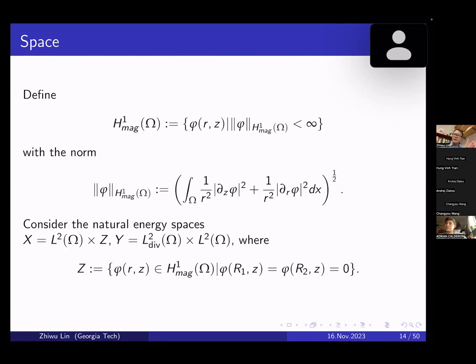Then this H1 norm is exactly the magnetic energy, at least for the R and the Z components of the magnetic field. So this is one space.